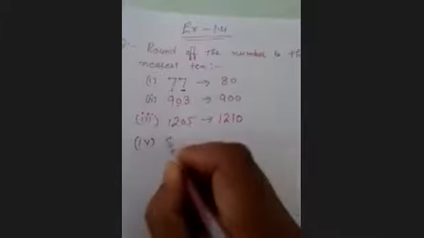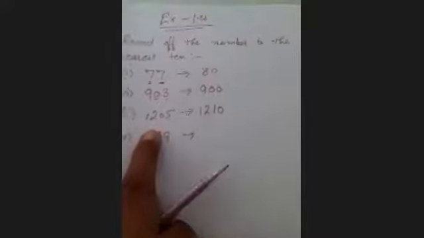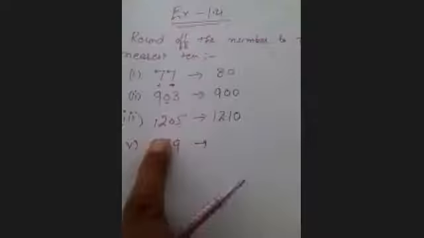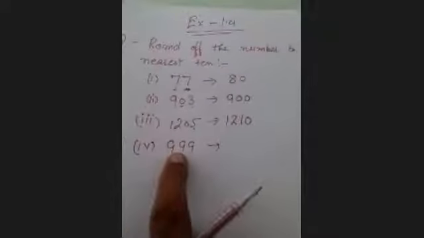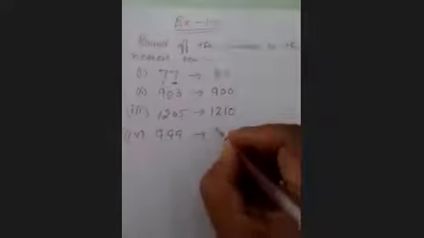Next is the fourth, 999. Ones, tens. Now put your finger and our next digit is 9. So for the nearest value, add 1 to 9, that makes 10, then carry forward, and the number is 1000.